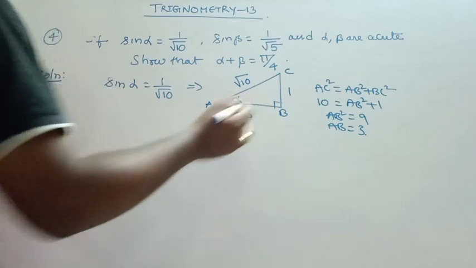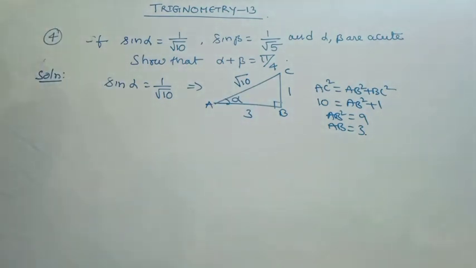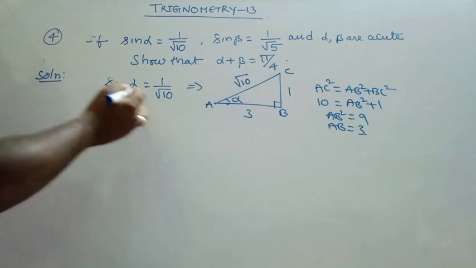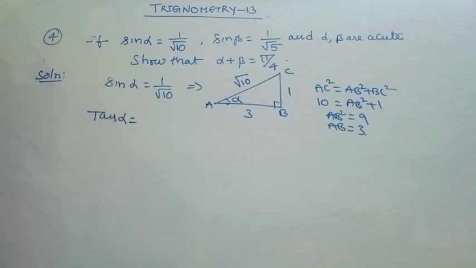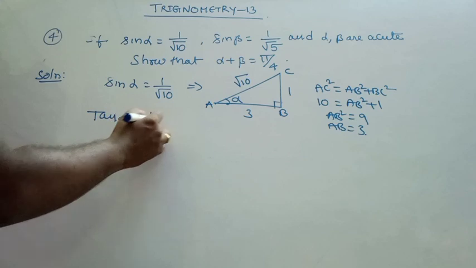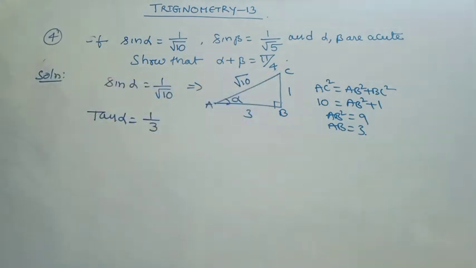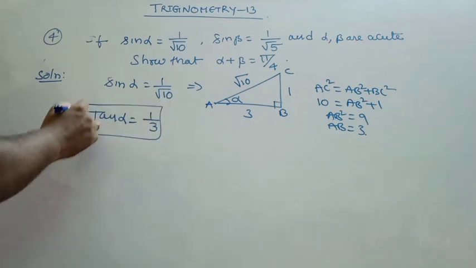This is 3. Once we have got this, from this we can take tan alpha. Tan alpha value equals 1 by 3, perpendicular by base. You put it in the bracket like this.